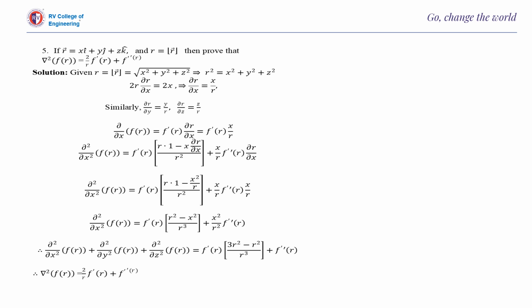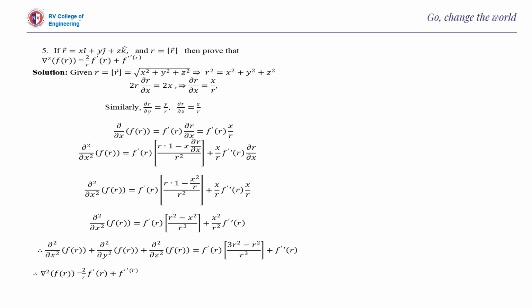Similarly, on differentiating again with respect to x, keeping f dash of r constant and differentiating x by r, by the quotient rule we will get (r minus x into dou r by dou x) divided by r square, plus x by r kept constant, and when you differentiate f dash of r, we'll get f double dash of r, and then differentiating r with respect to x, dou r by dou x. So this is the second order partial derivative with respect to x for f of r.